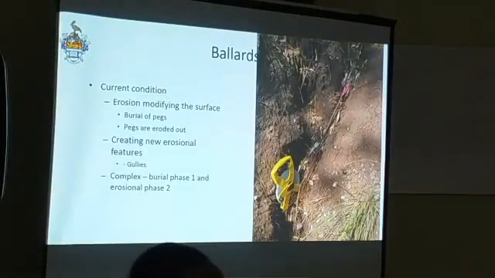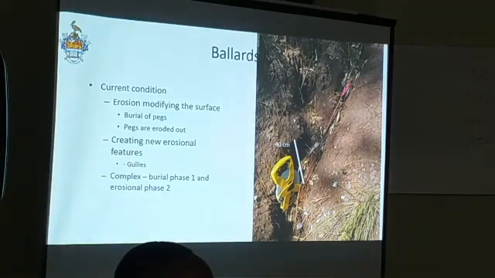And in some of the locations, the pegs are removed totally. There was enough erosion that it eroded the peg. We're not sure if it literally eroded all the peg down to that distance, or if it was enough erosion for the peg to lose its integrity and fall out. So that's something we have to factor in as well.